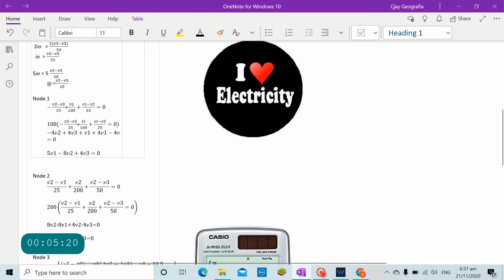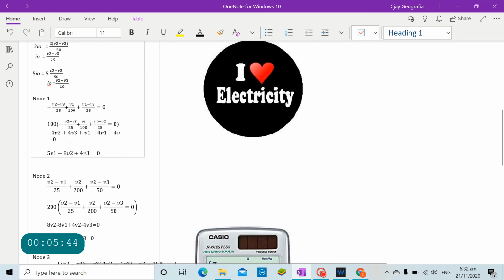We need to multiply by 100 because this is our LCD, so multiply each term by 100. So we come up with negative 4V2 plus 4V3 plus V1 plus 4V1 minus 4V2.